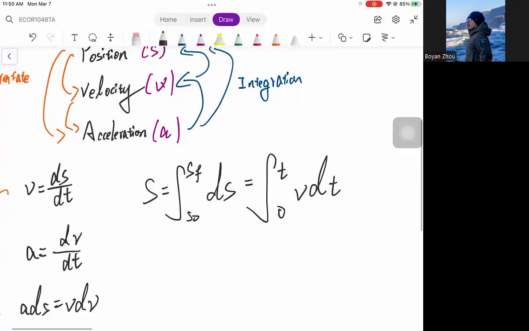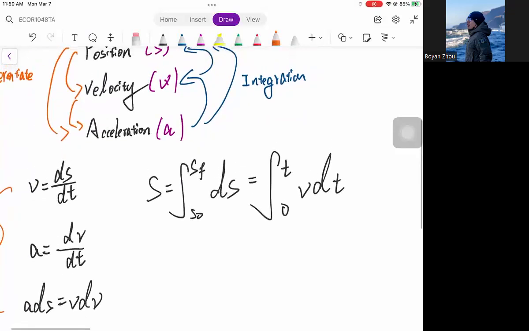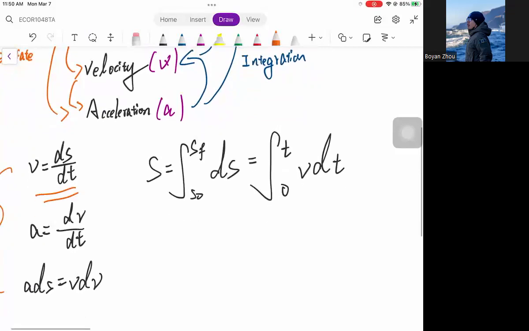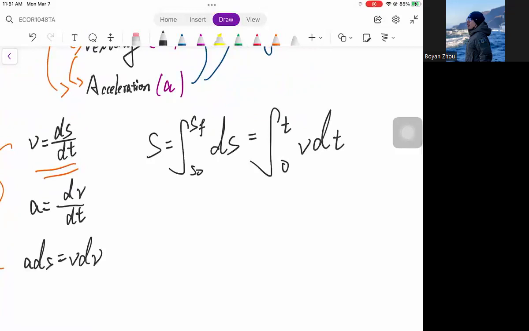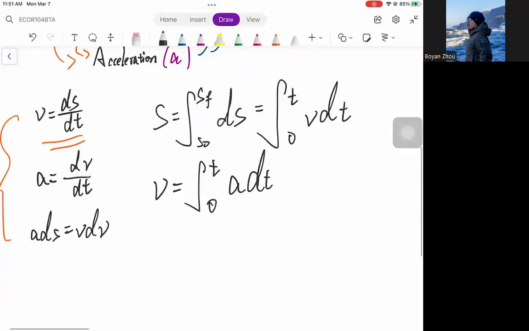We're just going to do the reverse calculation of this formula. And we're gonna do the same for the velocity, so velocity is equal to the integral from 0 seconds to t seconds of the acceleration dt.